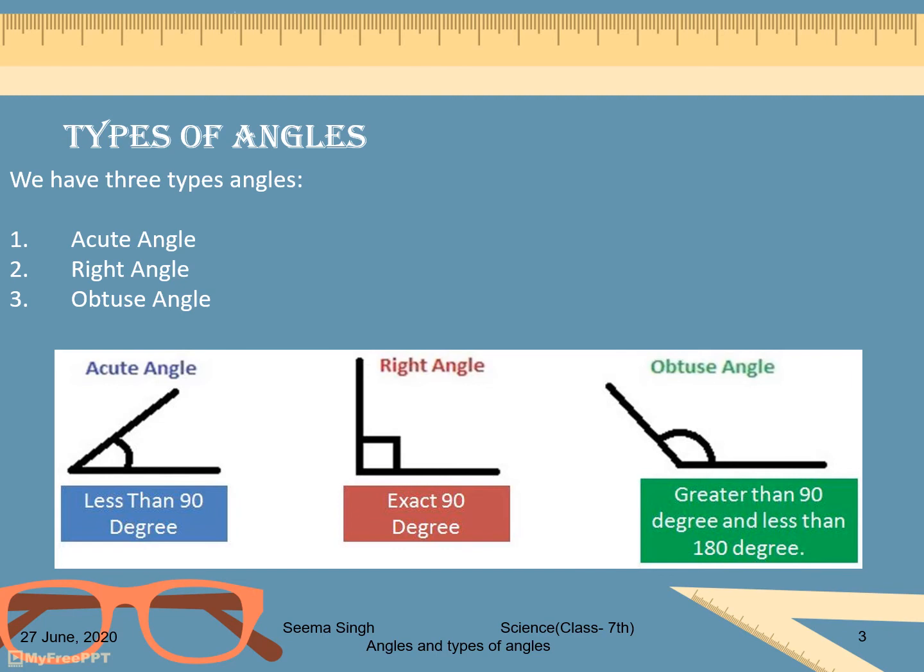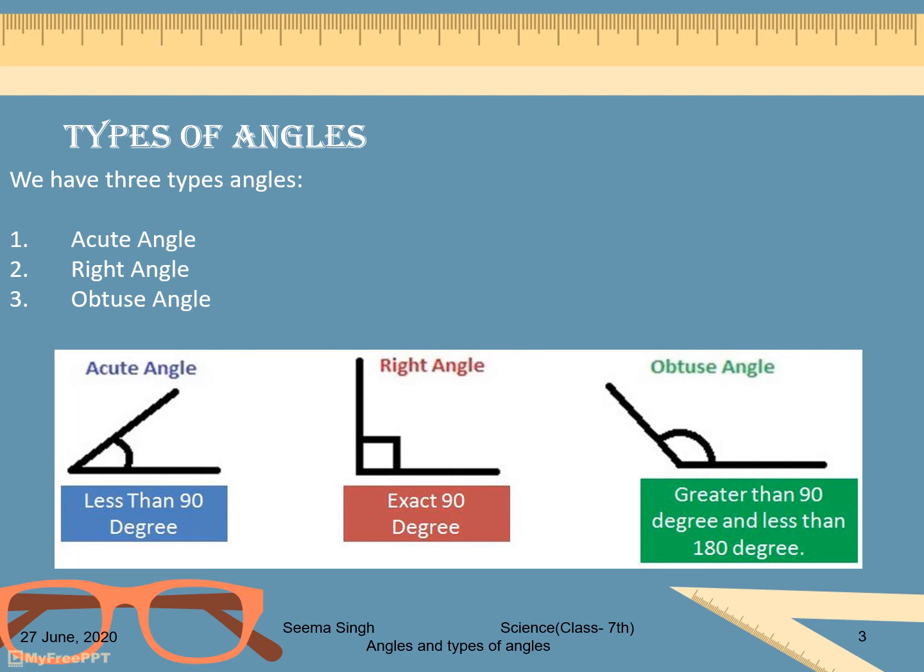Then the last one is the obtuse angle. We have learnt earlier about the angle which is less than 90 degree, and the angle which is exactly 90 degree. This one is the angle which is greater than 90 degree and it is always less than 180 degree.